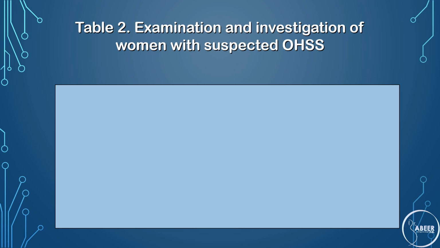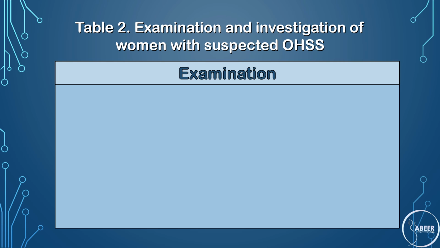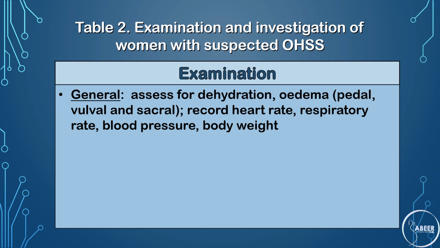Table number 2. Examination and investigation of women with suspected ovarian hyperstimulation syndrome, or OHSS. Examination. General: assess for dehydration, edema, pedal, vulval, and sacral.